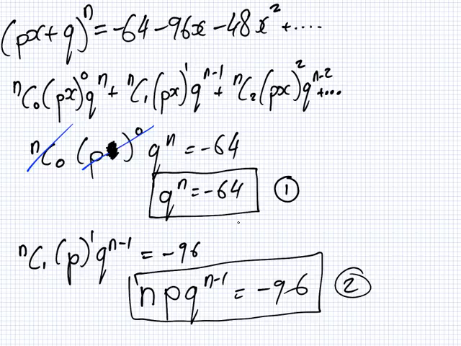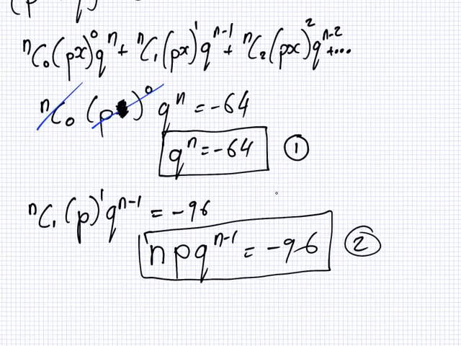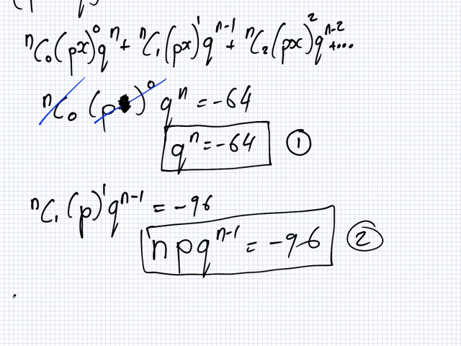Okay, so let's simplify this a little bit. 5C0 is 1, so that would be p^5 x^5 plus 5p^4 q x^4. Now what's 5C2? 10. Plus 10 p cubed q squared x cubed plus dot dot dot.